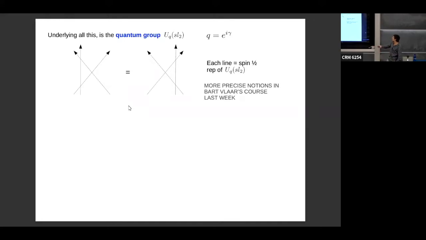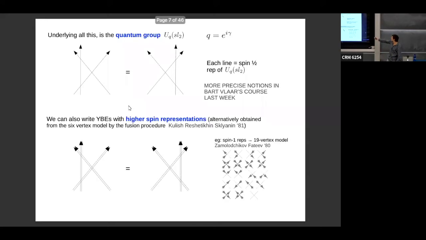One consequence is that now you can generalize this equation and you can decide to put other representations on the lines. So for instance, you can decide to put spin 1 representations on each line. And from there, you're going to get another integrable vertex model. We call that the higher spin six-vertex models.